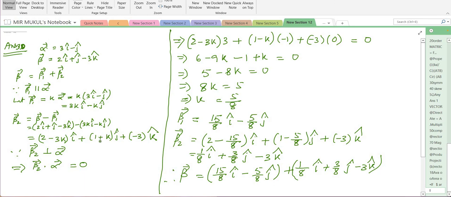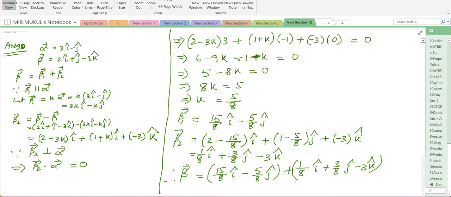So here one mistake we made, it should be plus. If here plus sign, then it should be minus k.